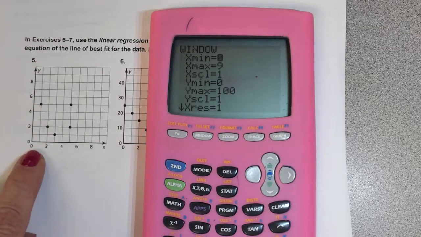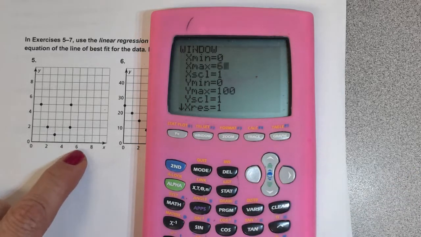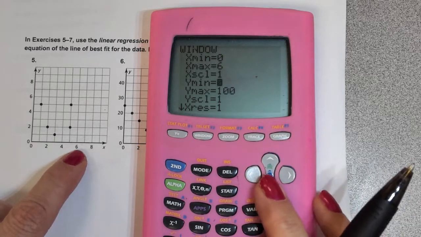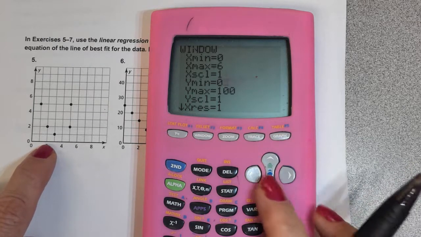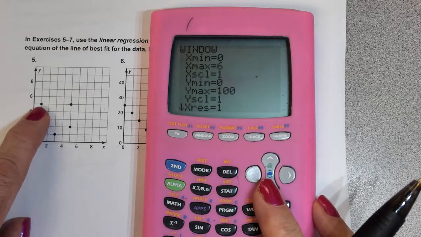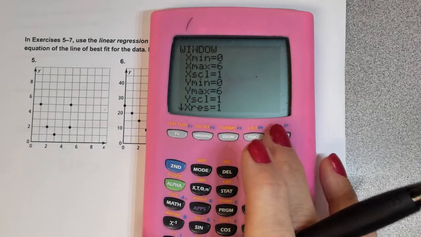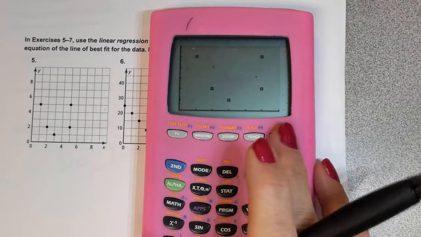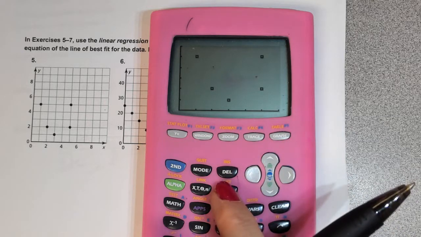My x's are going from 0 to 5, but I'm going to make it 6. My y's are going from like 0 up to 5. I'm going to make it 6 again. So since I made my window look good, I should see those dots. There they are. Do they look very linear? No. No. Let's figure it out.